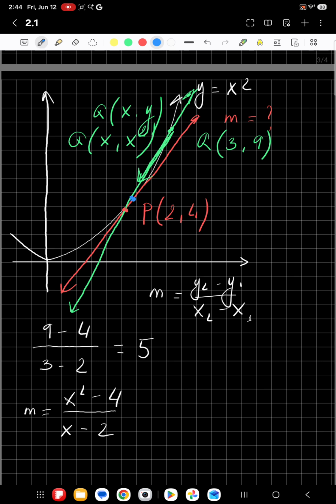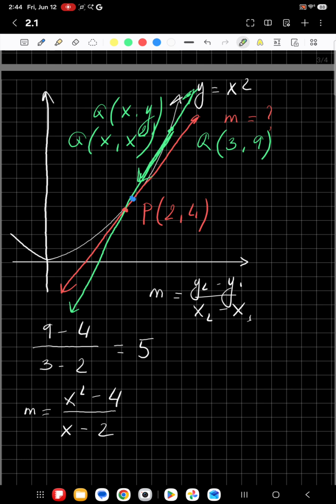So I can make a table with those x coordinates getting closer and closer to 2, and y coordinates getting closer and closer to 4, and calculate those slopes one at a time.